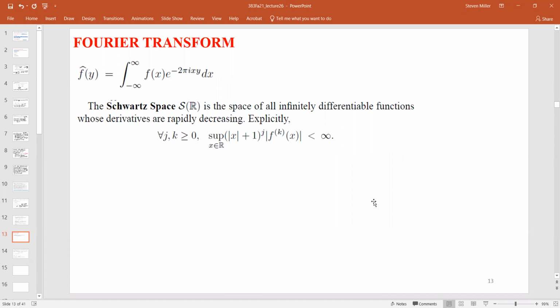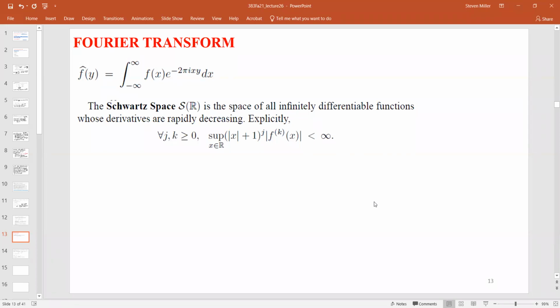Can somebody give me a good example of a function to think about that would be Schwartz? Yes. E to the minus x. The problem is e to the minus x blows up as x goes to infinity from the negative side.